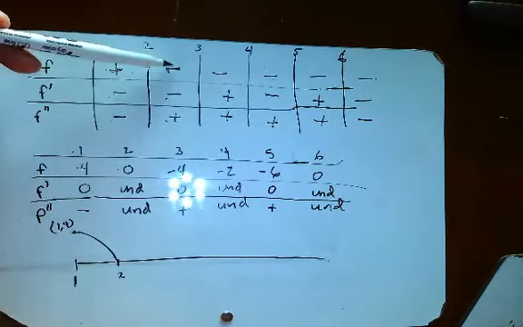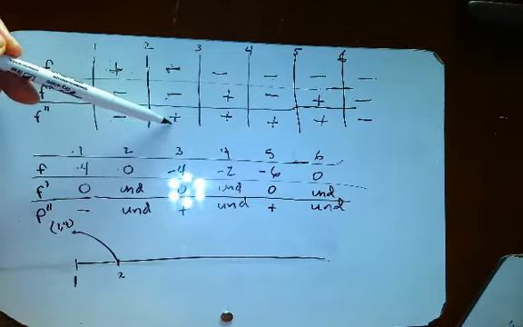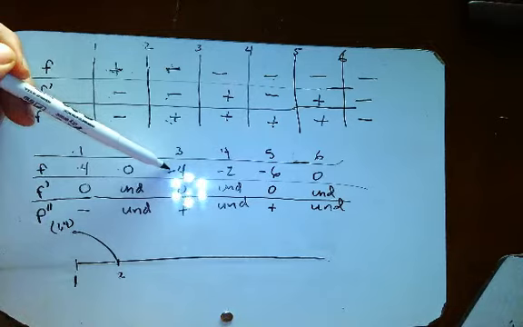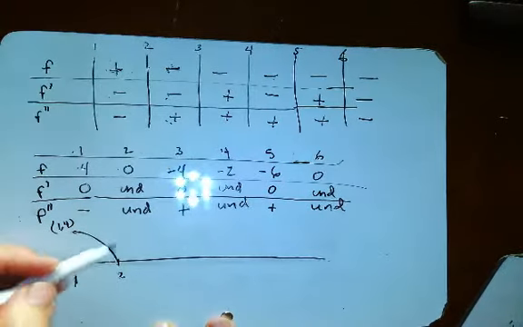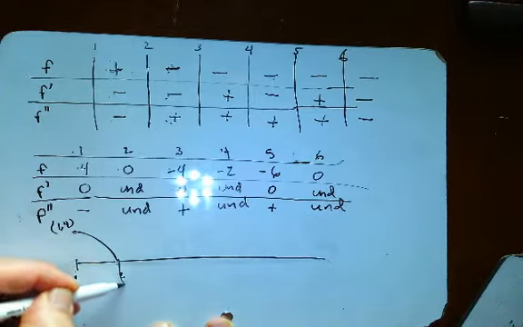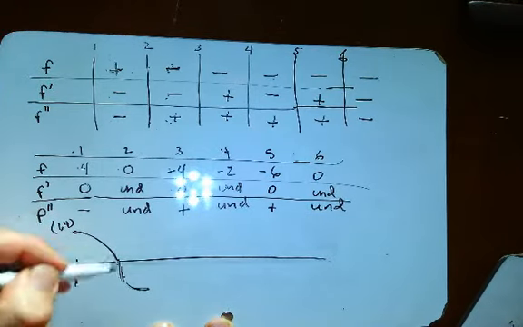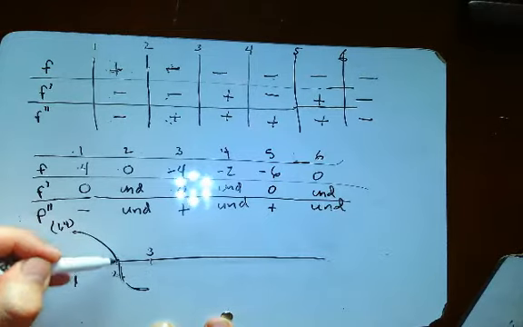As we go from 2 to 3, the function is below the x-axis, is decreasing, and is concave up. And when we get to 3, we're going to have a y value of negative 4, and the slope will be 0. So I think if I'm decreasing and concave up, I'm going to be looking like this. Decreasing and concave up as I go from 2 to 3.